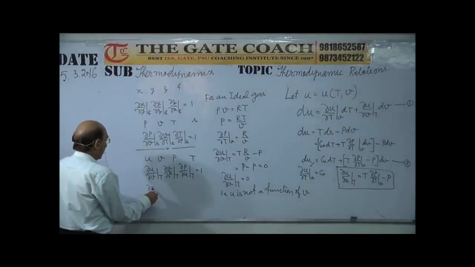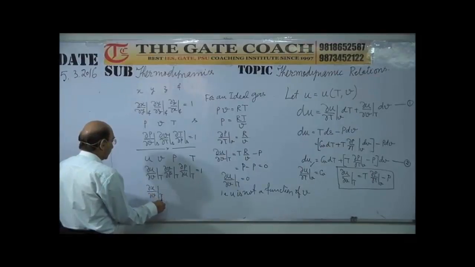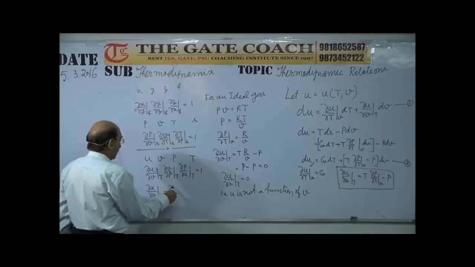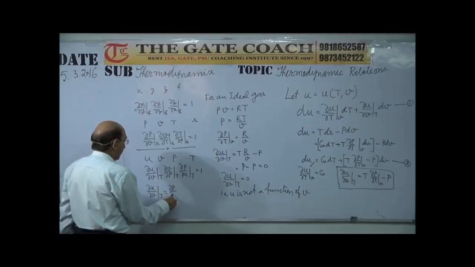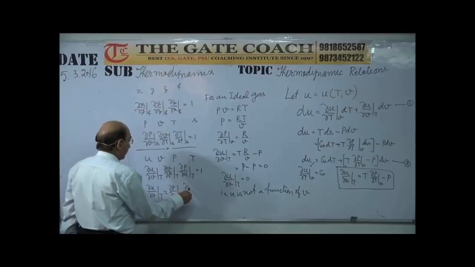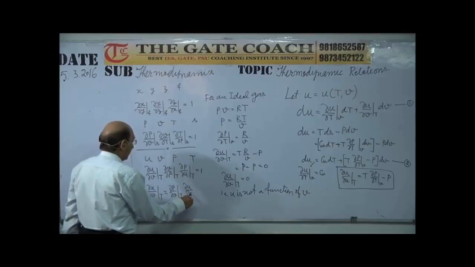This would mean del U by del V at constant temperature may be written as del P by del V at constant temperature into del U by del P at constant temperature.